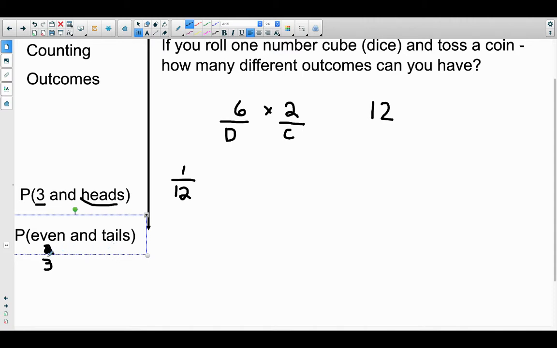So I could get 2 tails, 4 tails, and 6 tails. That's 3 choices I could make, 3 things that I would want if I wanted an even and a tail, out of my possible 12. So 3 out of 12 is the same as 1 out of 4. So my probability of rolling an even number and getting tails on my coin toss is 1 out of 4.